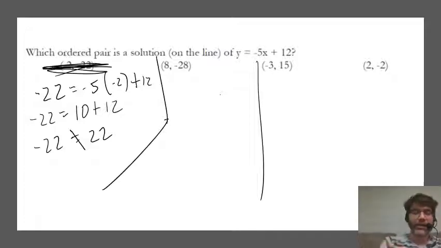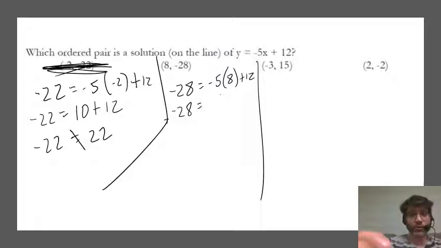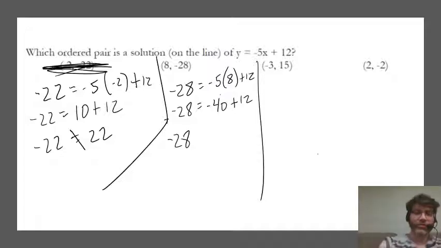Okay, let's plug in -28 for y and 8 for x and see what happens. -28 equals -5 times 8, which is -40. -40 plus 12. Oh, -40 plus 12 does equal -28. Cool.